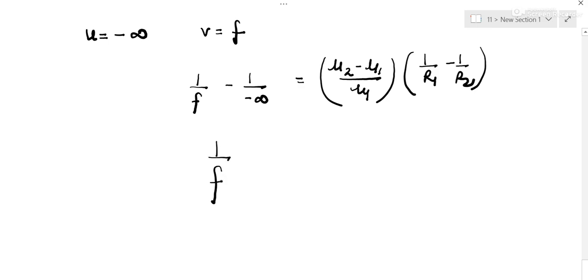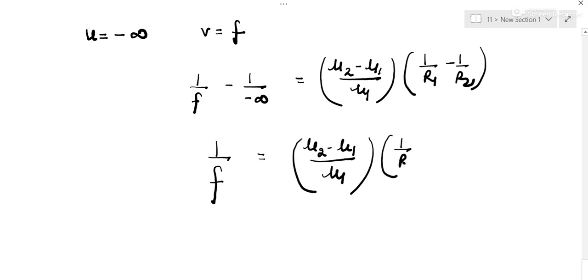So 1/f comes as (mu2 minus mu1)/mu1, times 1/R1 minus 1/R2.